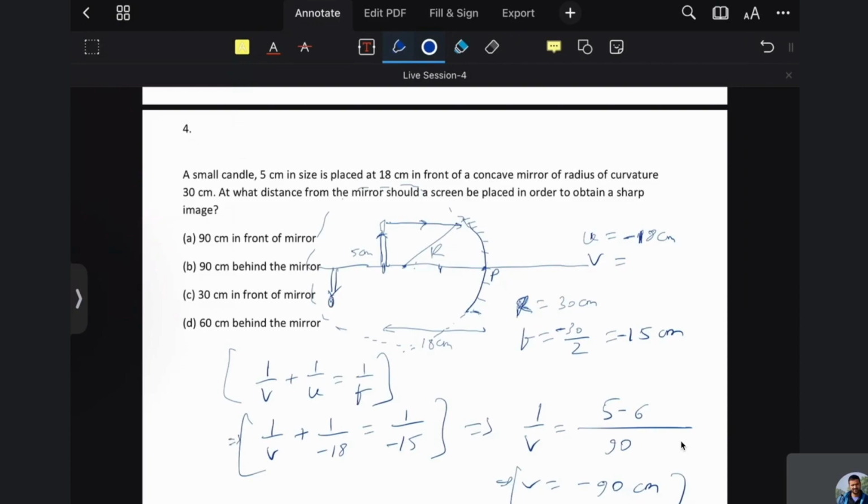So this will be your 90 centimeter. Any doubt here? Simple problem. You just have to remember the sign convention properly. Is it fine? Yes, sir. Okay, thank you.